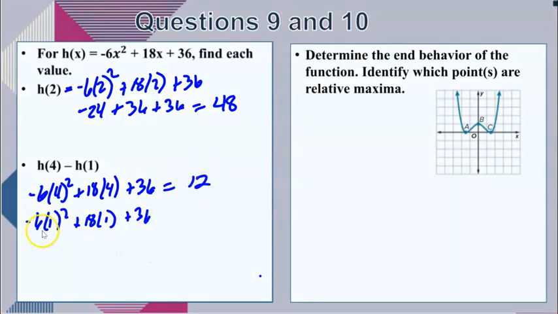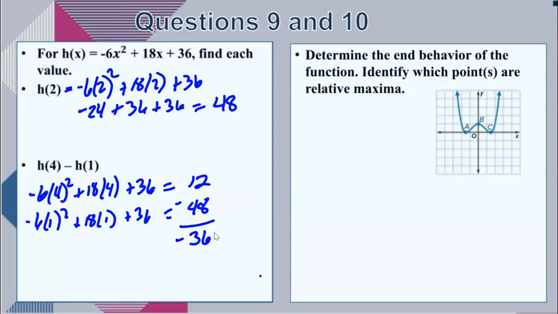And then the other side we have negative 6 times 1 squared, which is negative 6. Negative 6 plus 18 is going to give us 12. 12 plus 36 is going to give us 48. And they want us to subtract our answers. So if I subtract that, that's going to give us a negative 36.